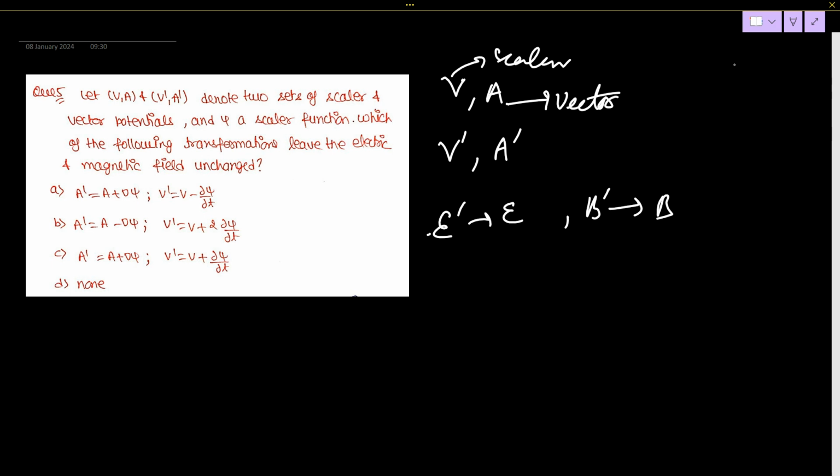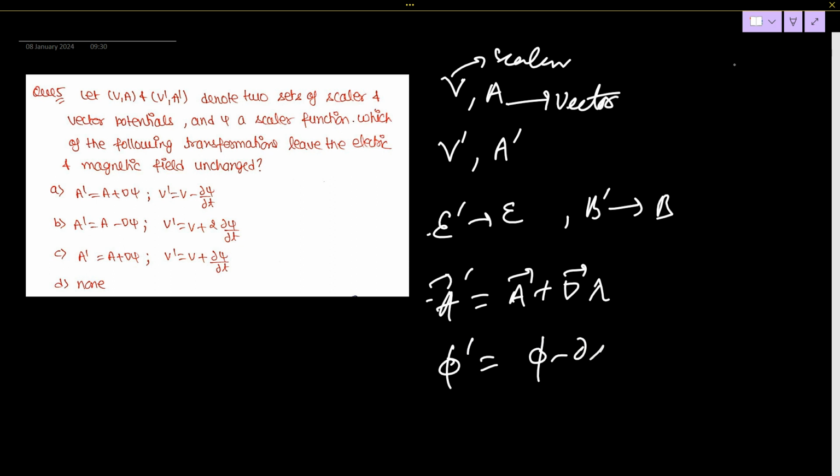So let's see. How can you figure it out? We know it. This is a direct question, isn't it? So we know A dash is equal to how much? A plus del lambda, and phi dash is equal to phi minus del lambda by del t.